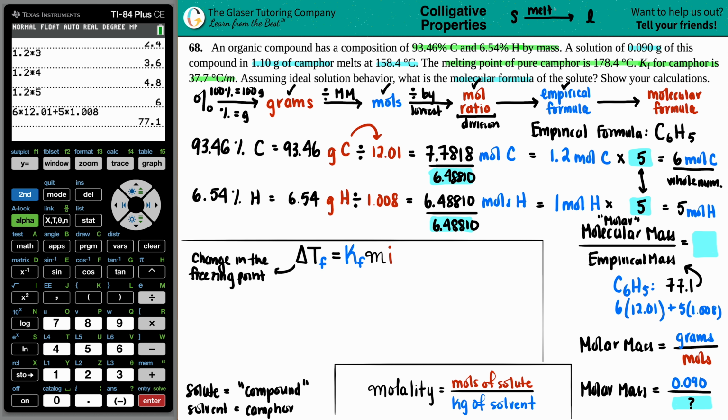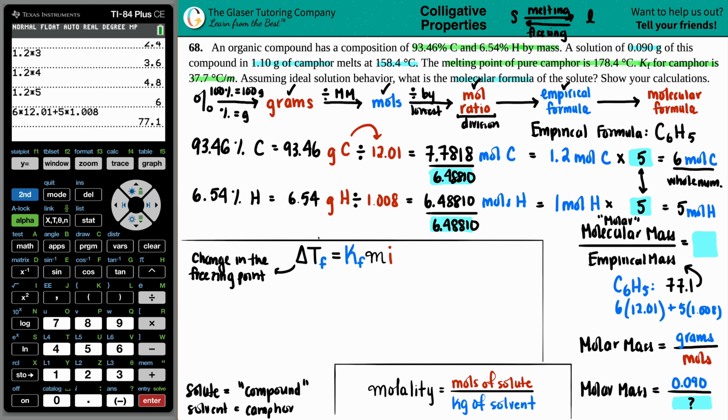In this case, for pure camphor, it would be 178.4 degrees Celsius. But freezing by definition is the liquid turning back into the solid. These are just opposites of each other. However, these processes occur at the same temperature because you're just going back and forth between solid to liquid to solid. So I can treat all of these as if it was freezing.